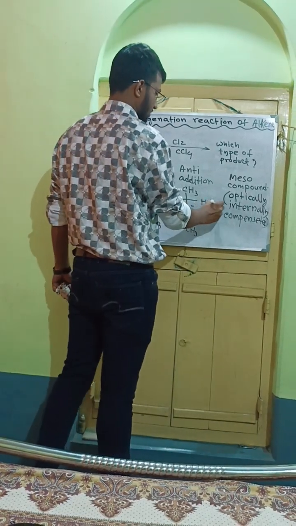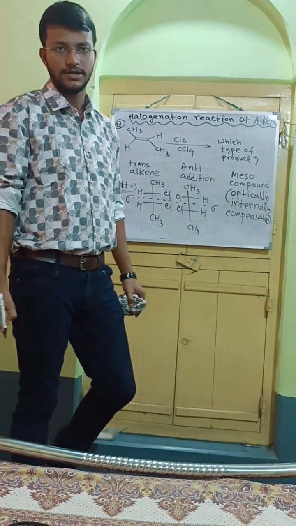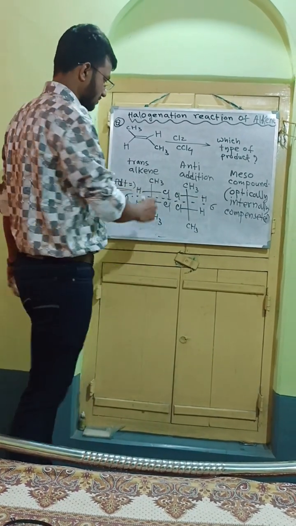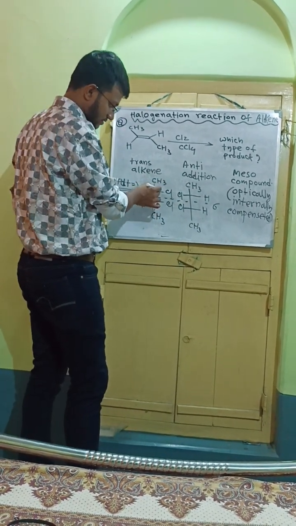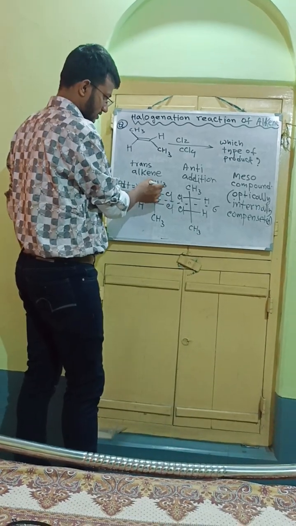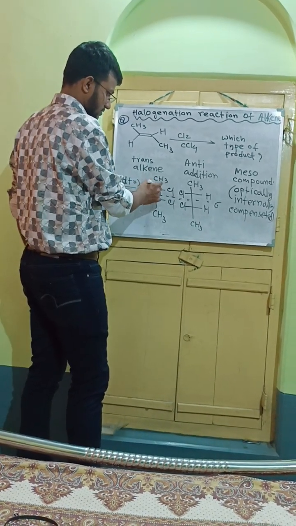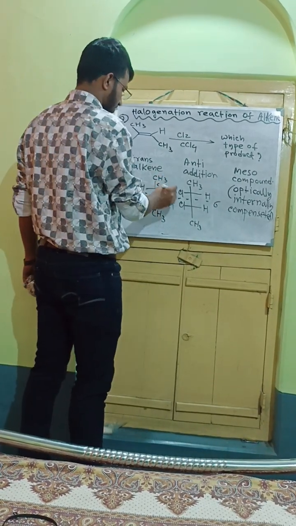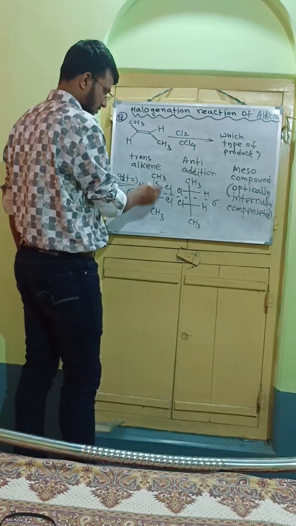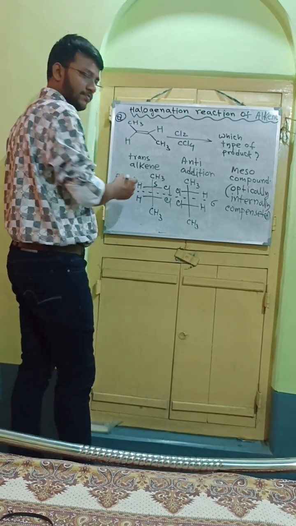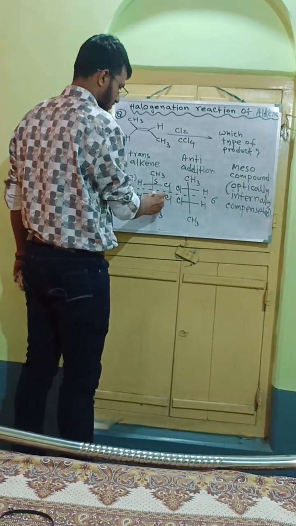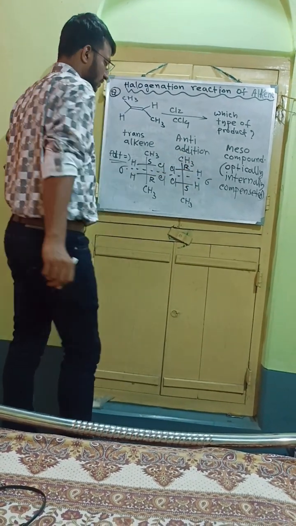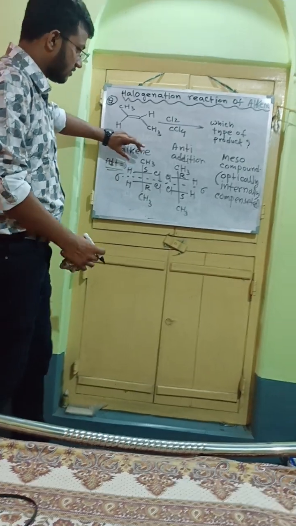Sigma plane means plane of symmetry. Clear? As the plane of symmetry is passing through this, and if we find the configuration, that is 1 2 3 clockwise rotation, and the fourth priority group is horizontal, that is S, and this is 1 2 3 anti-clockwise rotation, and the fourth priority group is horizontal, that is R, and followed by this S, and this is R. So this is internally compensated.